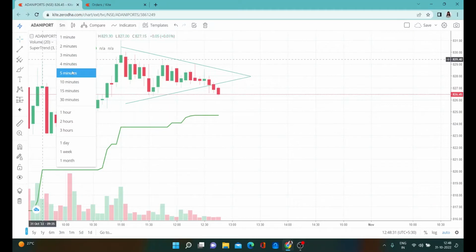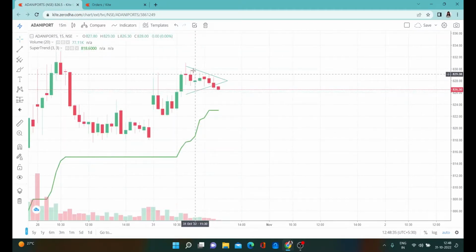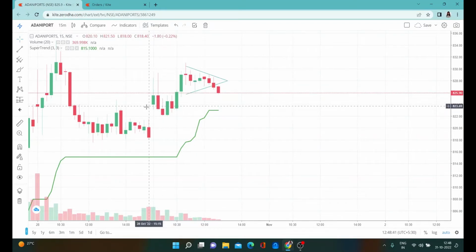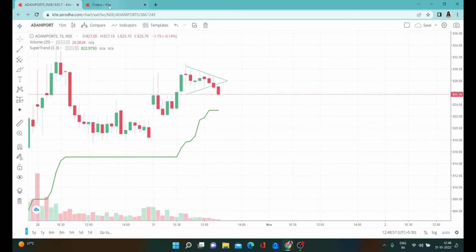We go to the 15 minutes chart. Okay, as discussed, since it is more than 3 points, and we have a support area at 823.2, we can comfortably place our target at 823.4.